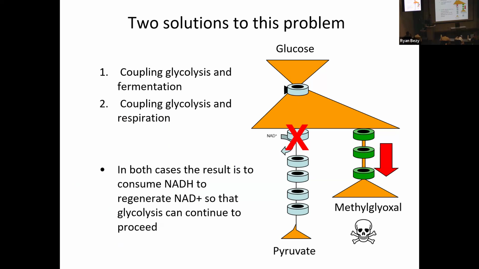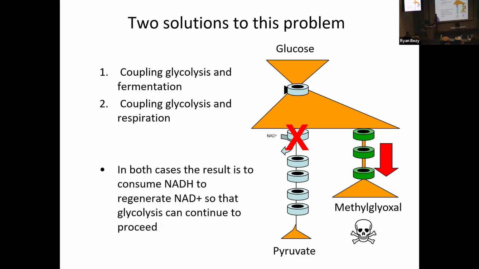One solution is that glycolysis is always coupled either to fermentation or to respiration. So glycolysis is done in most cells. Glycolysis happens in our cells, most bacterial cells. Not all. There are some species of bacteria that don't use glycolysis. But we're not going to talk about those too much because they're not important for disease.